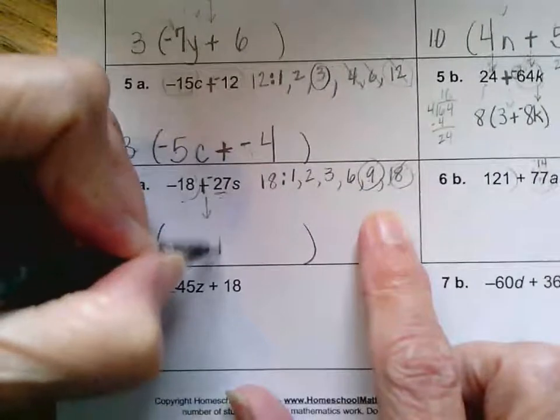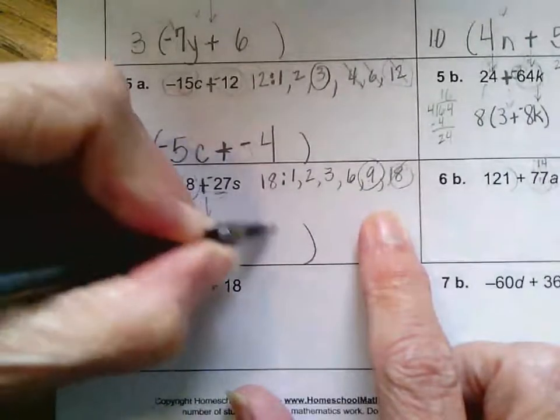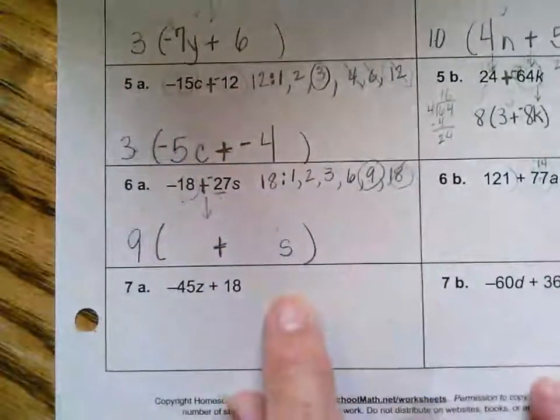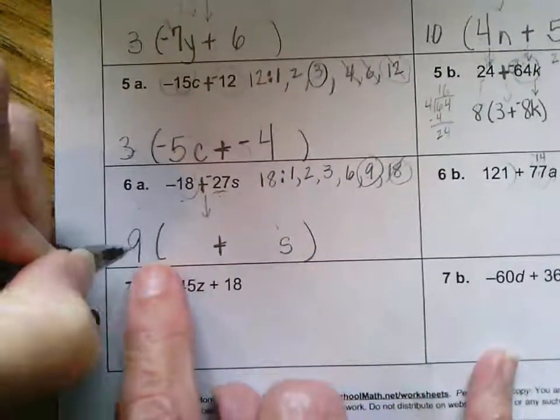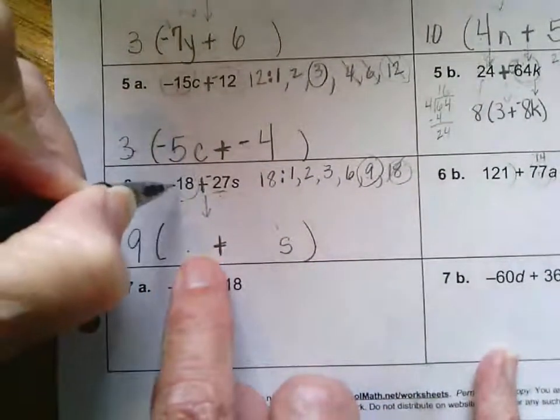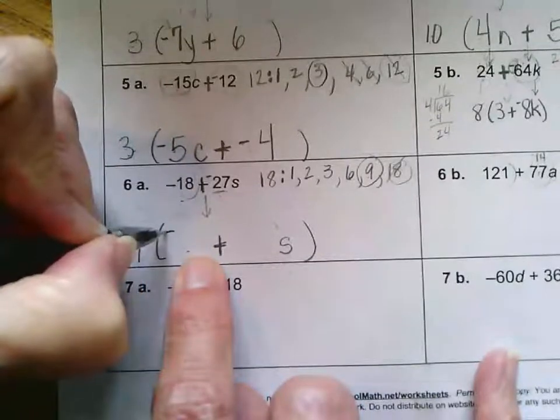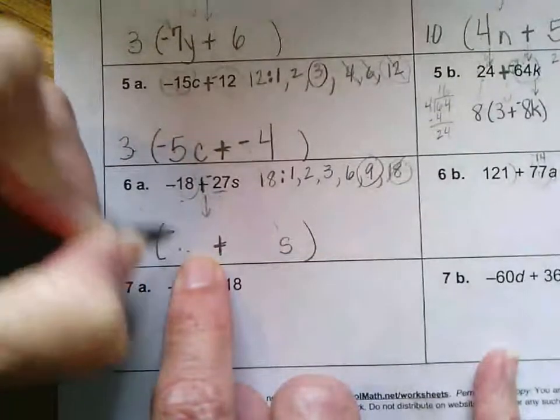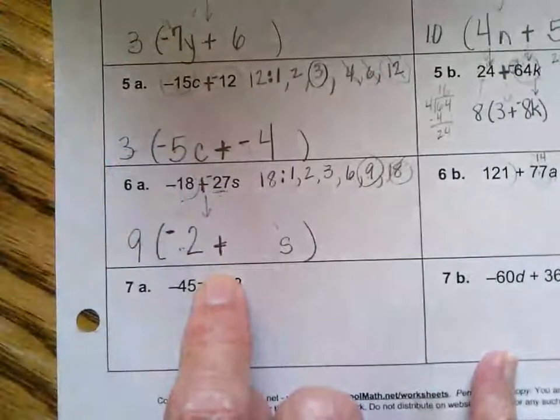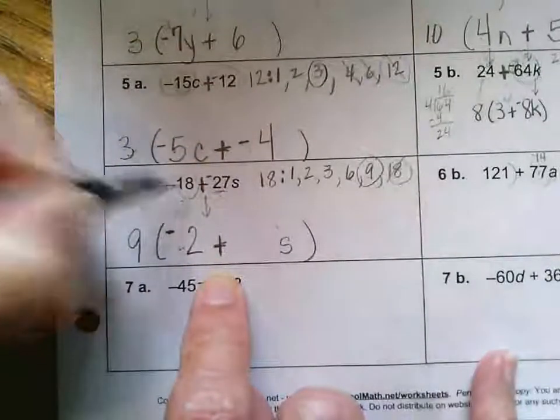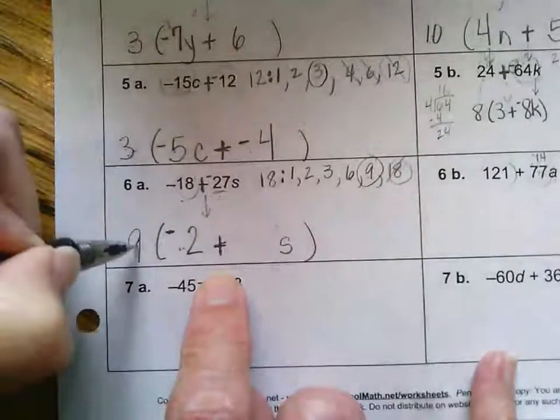I'm going to bring down that plus sign. I'm going to bring down that variable. And I'm going to start asking myself the question. 9 times what is going to give me a negative 18? Well, a positive times a negative is a negative. So 9 times negative 2 is going to be negative 18.